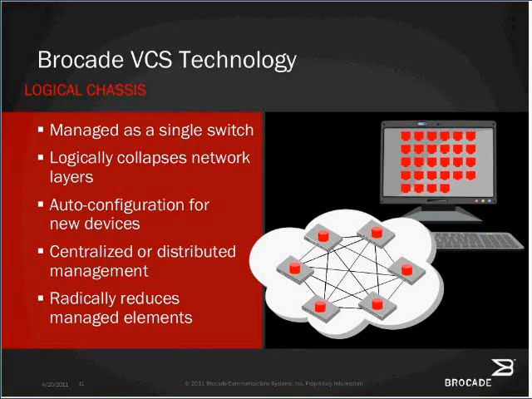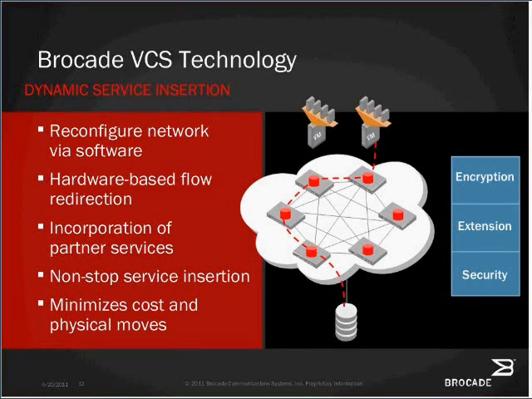The next important feature of VCS and of our Ethernet fabrics is a service we call dynamic service insertion. This is the ability to insert services directly inside of the fabric without the application or the storage devices knowing it. So let's say, for example, that you wanted to insert an encryption device inside this stream of traffic that's going down to the storage device at the lower end.